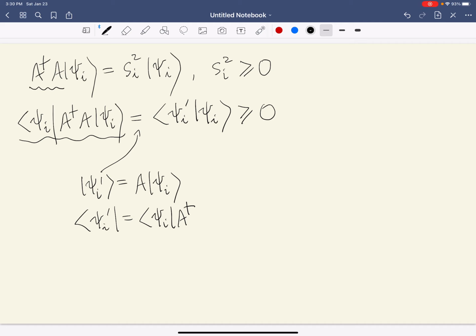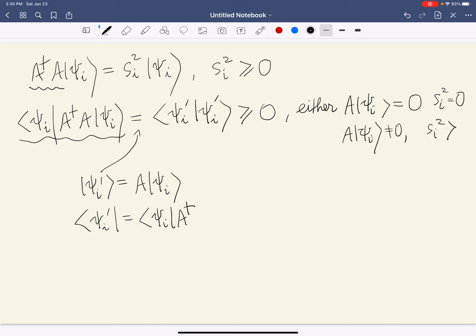So either the A acting on this eigenvector vanishes entirely, in which case the corresponding eigenvalue will be 0. Or if it's not vanishing, then the corresponding eigenvalue necessarily has to be positive.